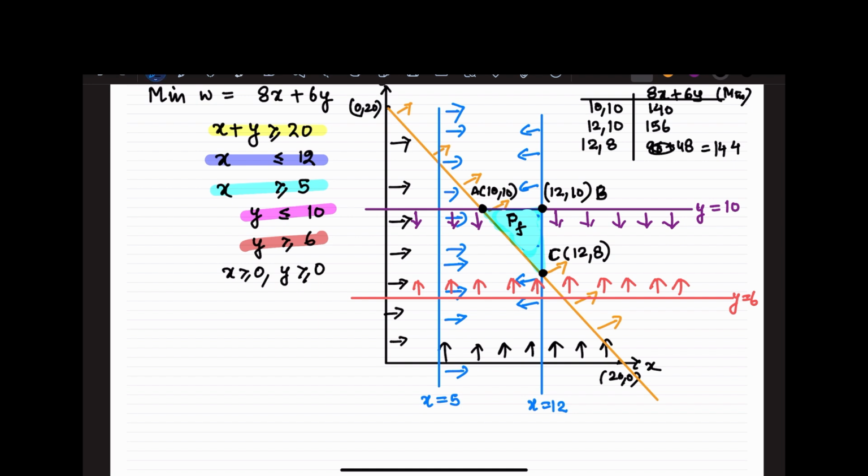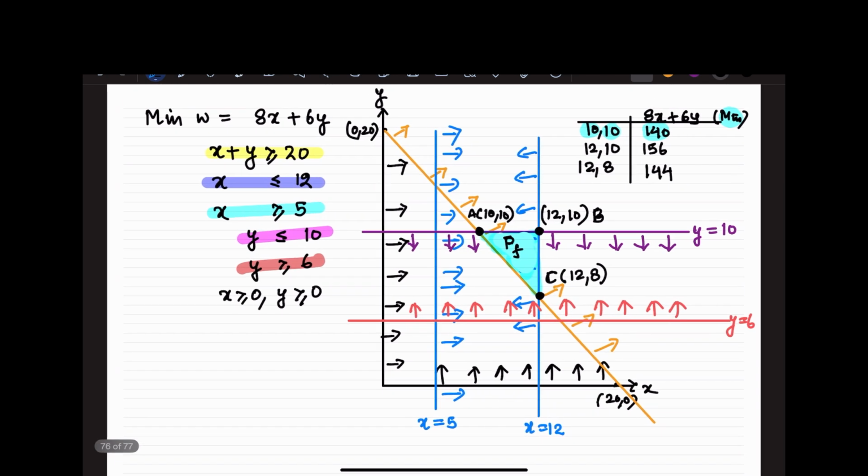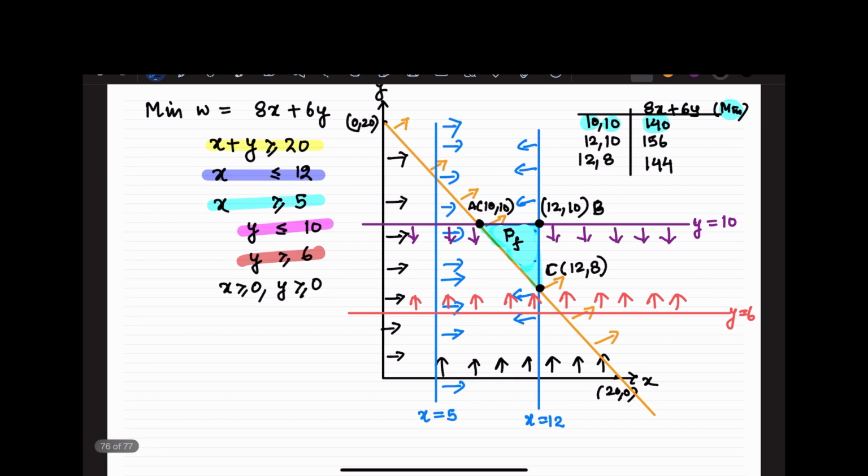So in fact, we have to choose the minimum, so the minimum is 140. So this answer comes out to be at (10, 10). So the point of optima is x1 equal to 10, y equal to 10, and z equals 140.